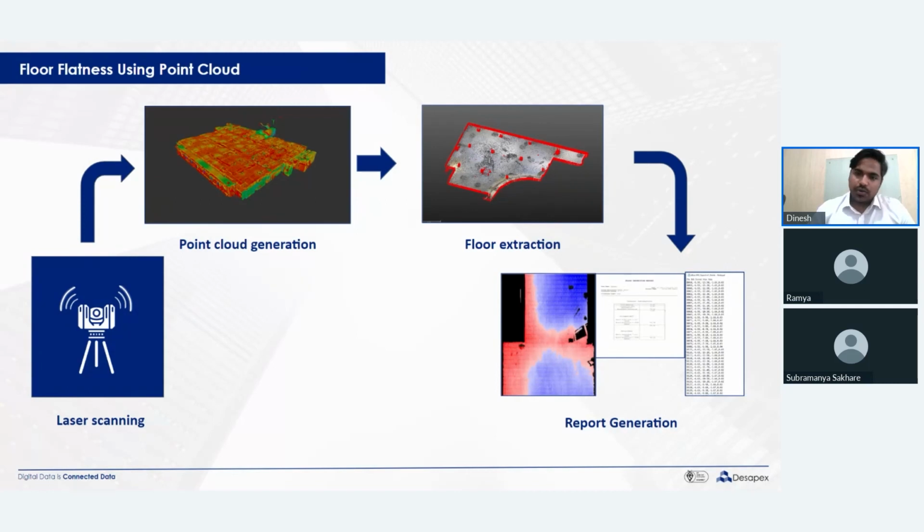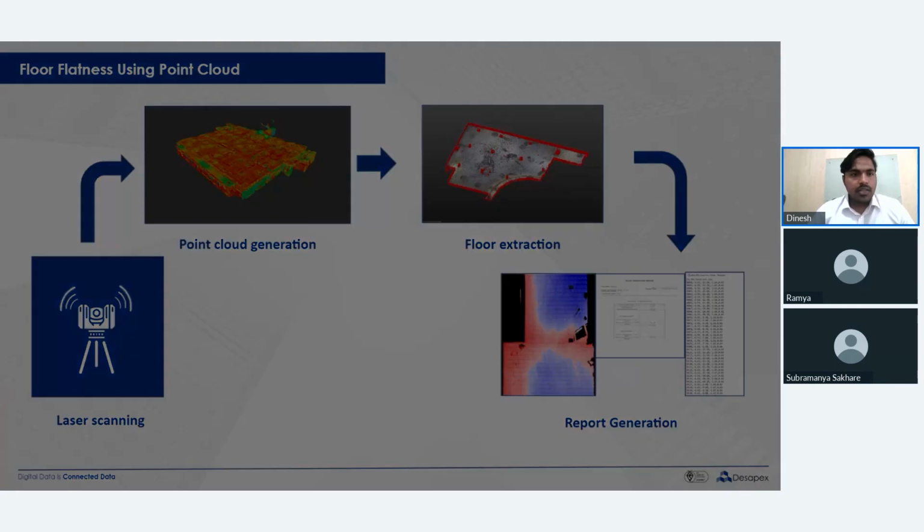If you see the red markings, you have the points where you can fix the grid spacing and get the elevations at every 0.5 meter or every 0.2 meter. The red ones are the higher areas in that floor, and the blue ones are the lower areas. So you basically get the floor flatness and floor levelness report as per ASTM standards.